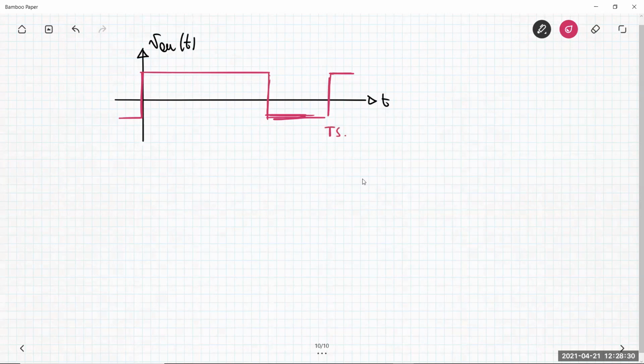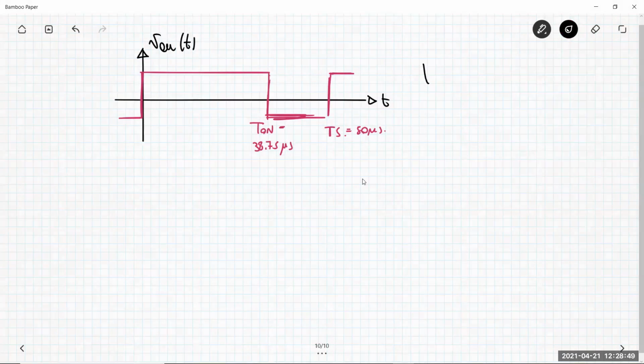Okay, this is TS. Remember, this is 50 microseconds. This is T on, 38.75 we computed before, if I remember well. This is just the AC contribution, okay?